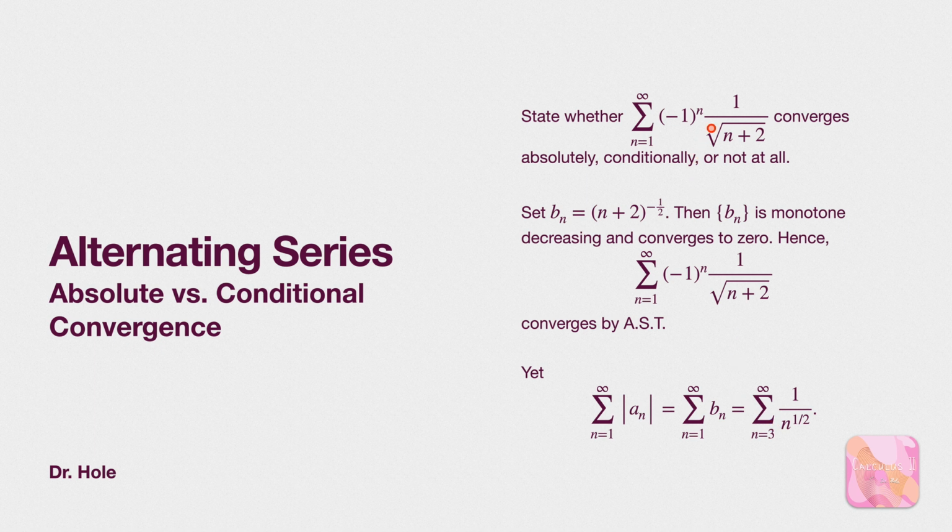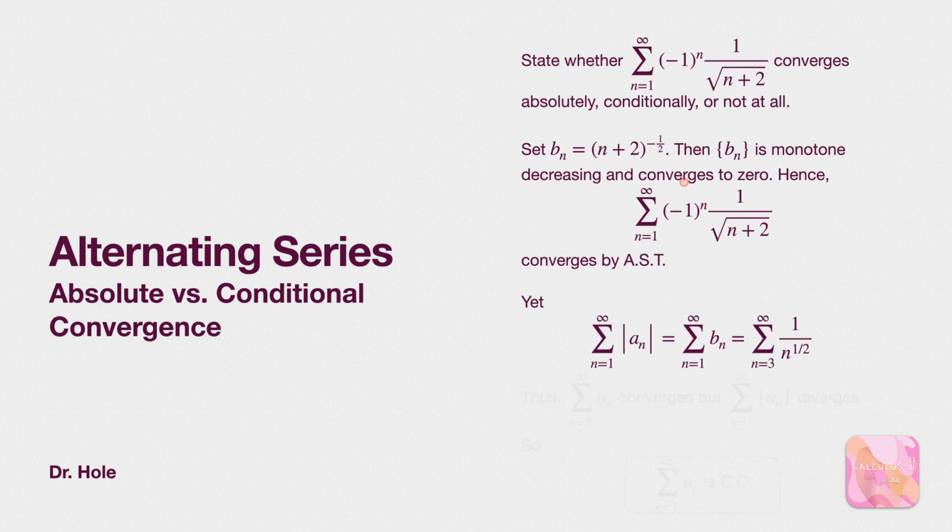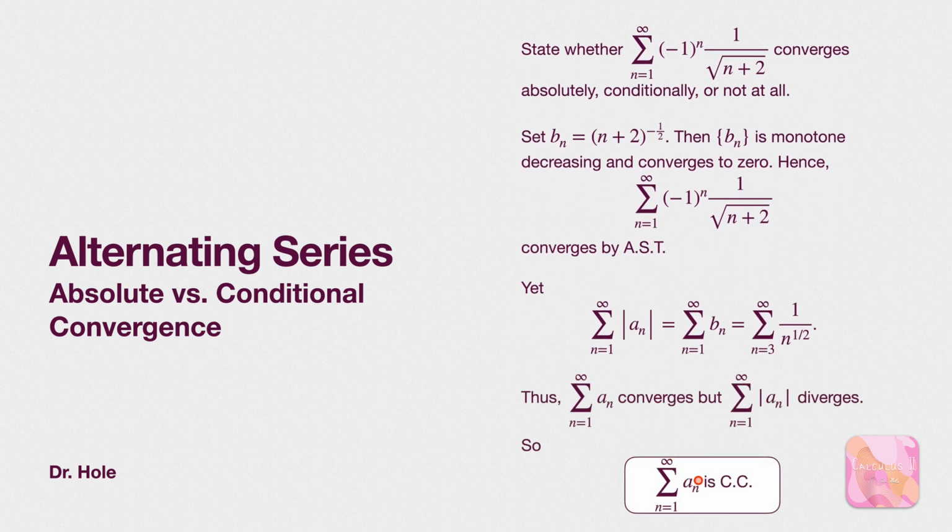Thus, while the given series does converge, it is not absolutely convergent, or in other words, it is conditionally convergent. So the series converges, but the sum of the absolutes diverges. Thus, the series is only conditionally convergent. Very good.